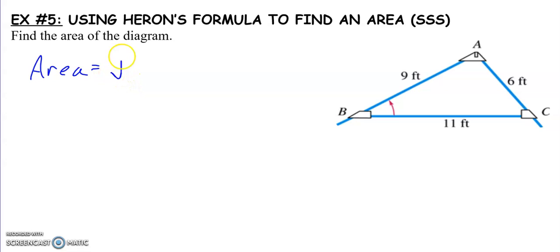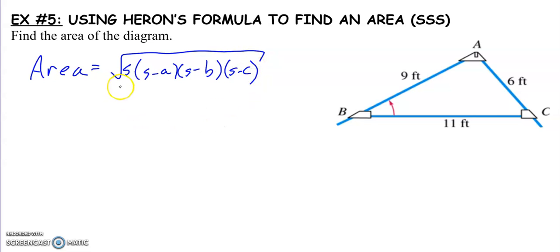So the area of any triangle, if I know the lengths of all three sides, can be found by taking the square root of s times s minus a times s minus b times s minus c, where s is my semi-perimeter and a, b, and c are the lengths of the sides.